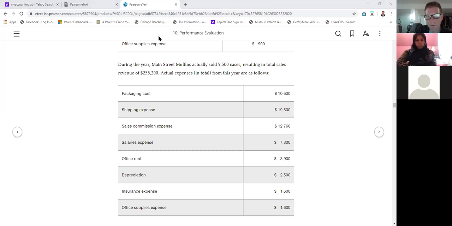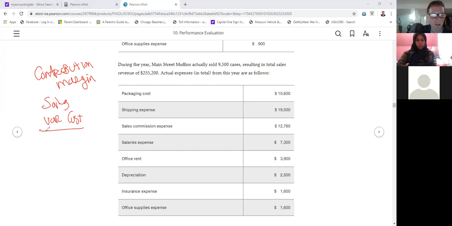If you want to practice this one, what you would want to do is put all of this into that contribution margin format, meaning sales, you have your variable cost, get your contribution margin, and then subtract out your fixed cost to get operating income.